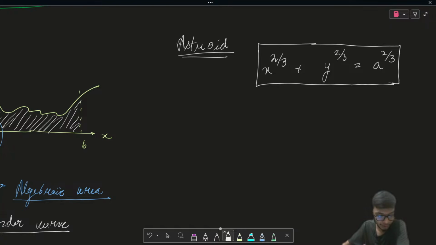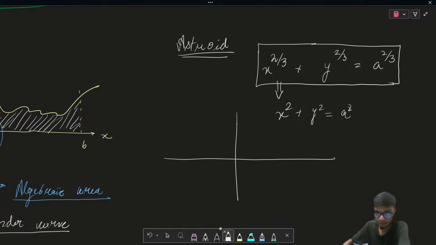If I draw and show you how an asteroid looks, first of all, you can see this curve is very similar to x square plus y square is equal to a square, which is the equation of a circle. In order to draw this asteroid, I'll first draw a circle of radius a, and inside this circle I draw curves like this.